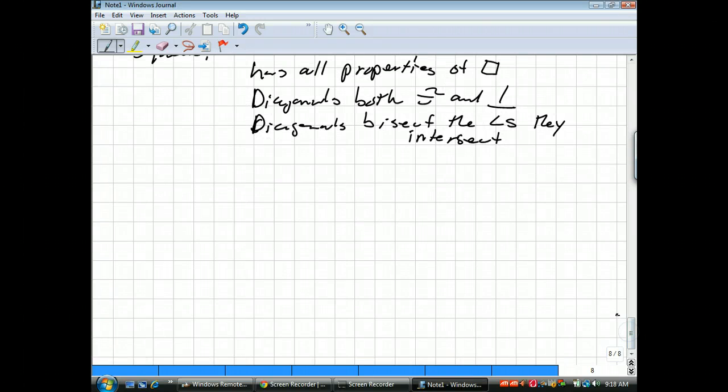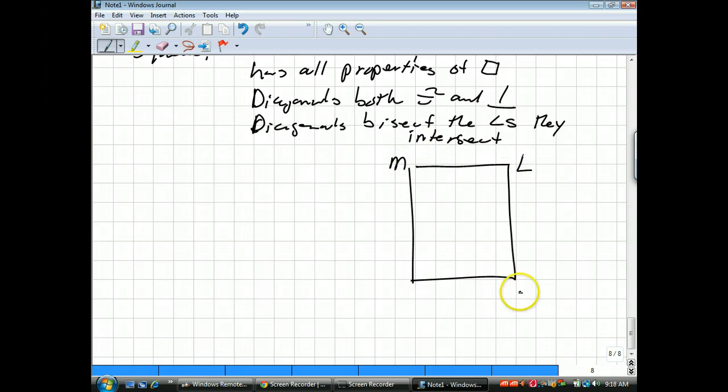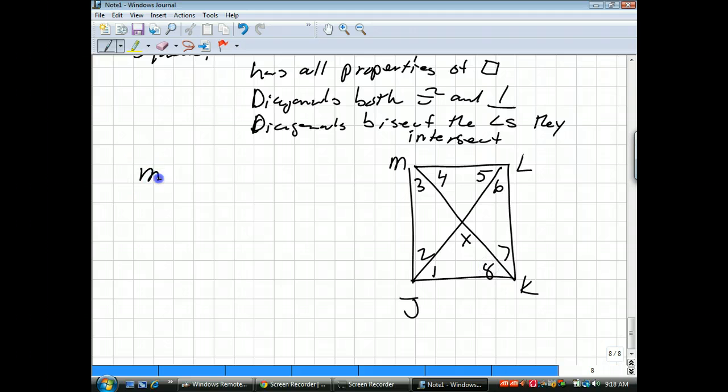Okay, and so if this is a square, M, L, K, J, and this is X, this is 1, 2, 3, 4, 5, 6, 7, 8. If MJ equals 12, then ML has to be 12, and LK has to be 12.